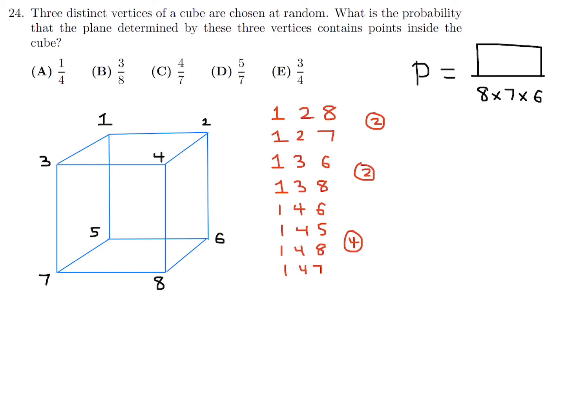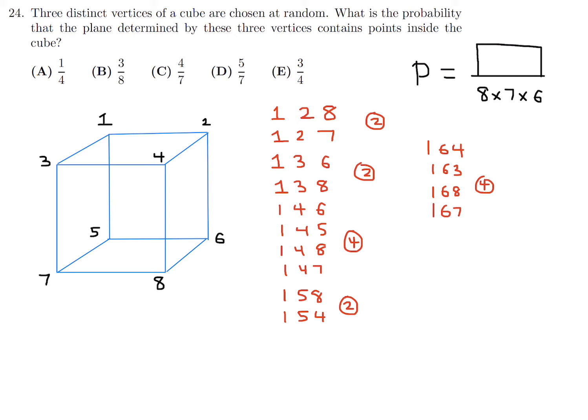For 5, it's just 1, 5, 8, and 1, 5, 4. And then for 6, we have 1, 6, 4, 1, 6, 3, 1, 6, 8, and 1, 6, 7. Those will satisfy.